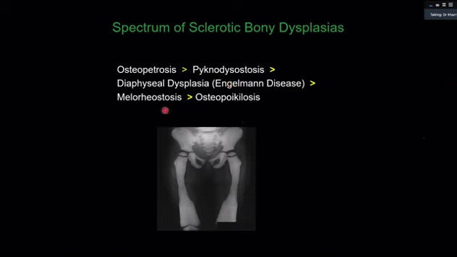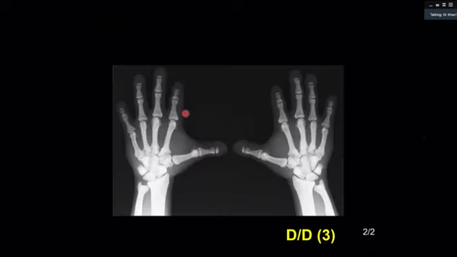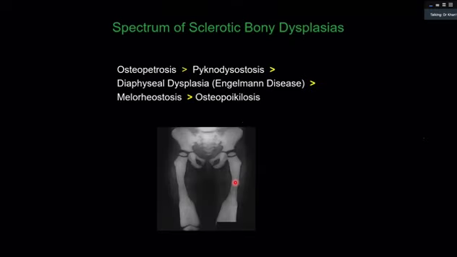All of them are exam cases in which there is a spectrum of sclerotic bony dysplasia. So in pycnodysostosis, this is what can happen. If you see the medullary cavities, you will see that they are encroached and not very well seen. So this was pycnodysostosis.